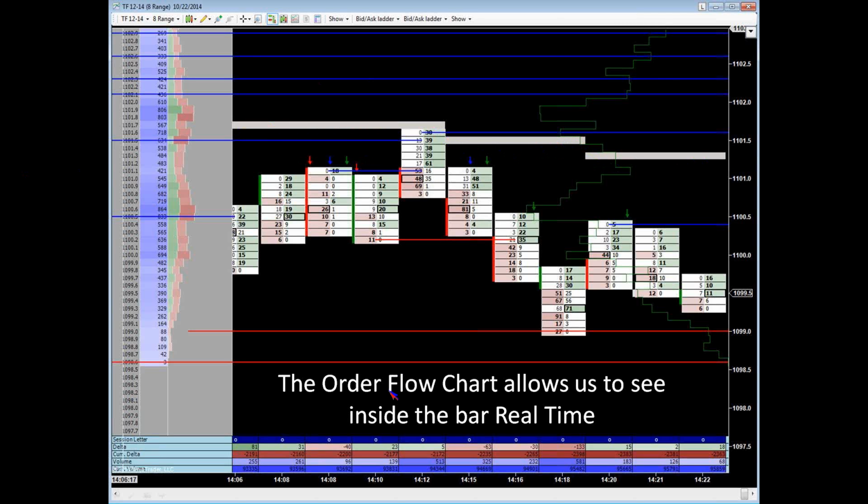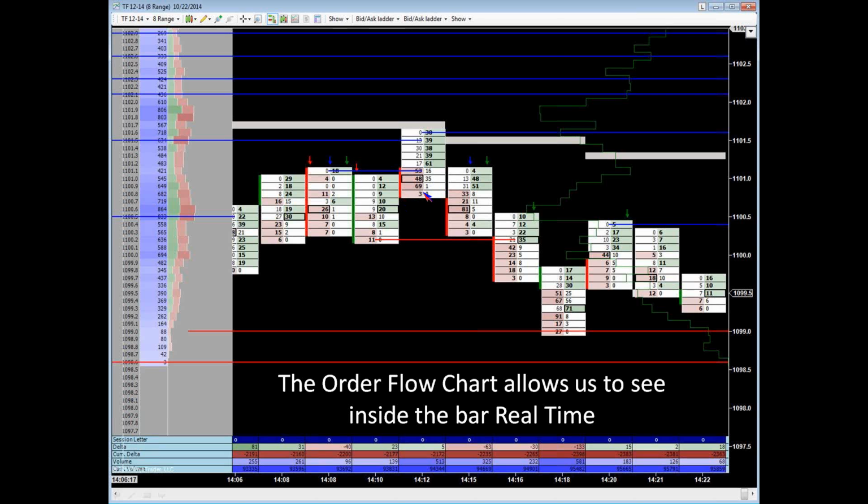Now, the thing about this chart here is it doesn't start to populate information until you turn on your computer. So if you refresh your computer or you do anything to your order flow chart, you lose all of the information within these bars. And so on the right, I've got the buyers. On the left, I've got the sellers. And the way that we look at this is we're always looking at it on a diagonal.